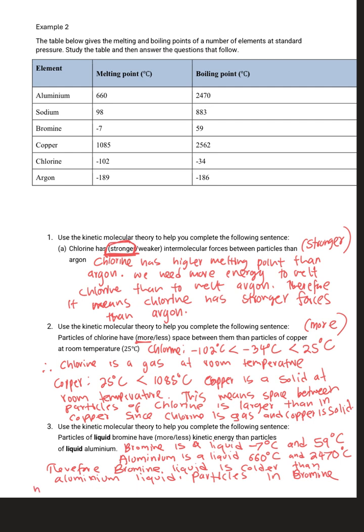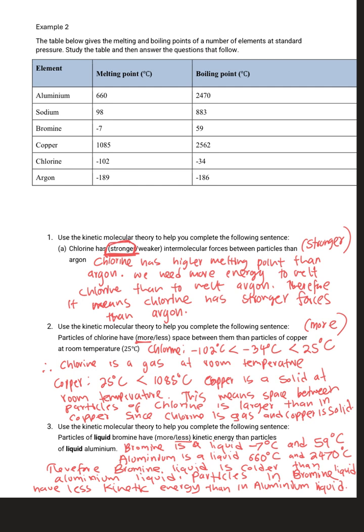They have less kinetic energy. The particles in bromine liquid, let's specify, have less kinetic energy than in aluminium liquid. So it means the answer here will be what? Particles of liquid bromine have less kinetic energy than particles of liquid aluminium.